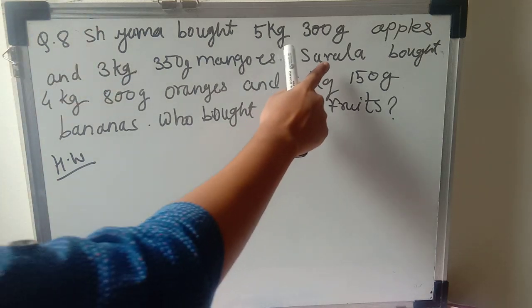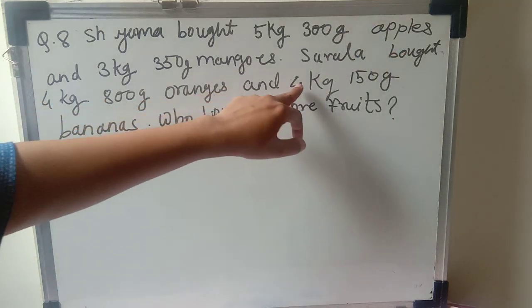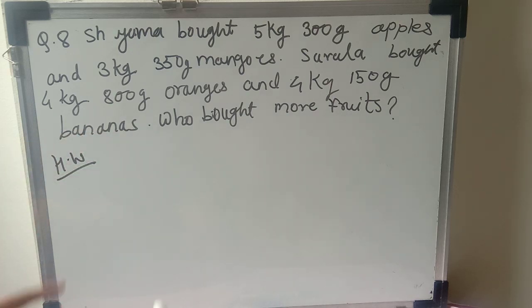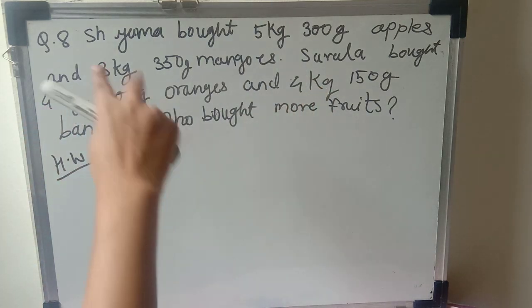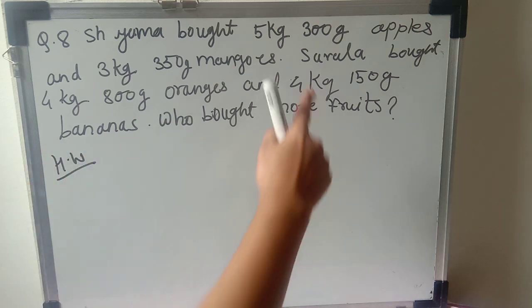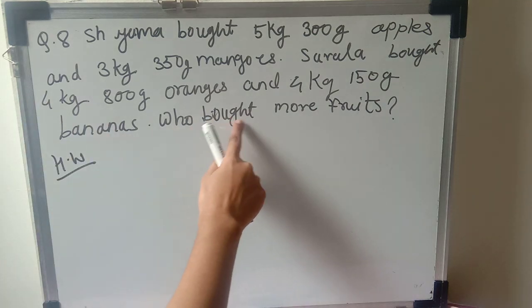Second, Sarla bought 4 kg 800 grams oranges and 4 kg 150 grams of bananas. Again you have to do the same thing. Add the weight of both the fruits and you will get the total weight of the fruits that Sarla bought. Now from that we have to decide who bought more fruits.